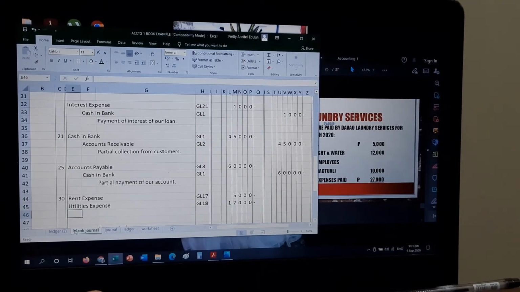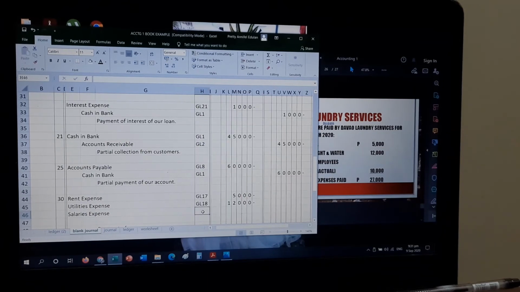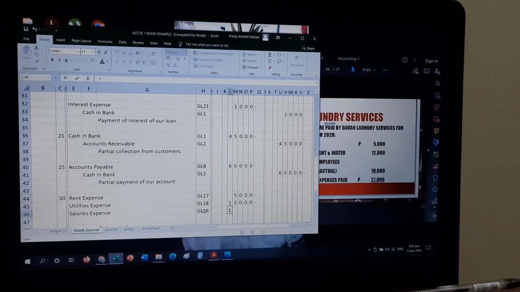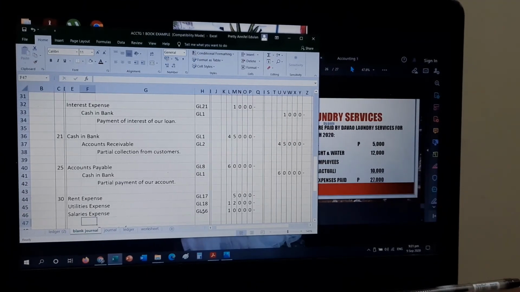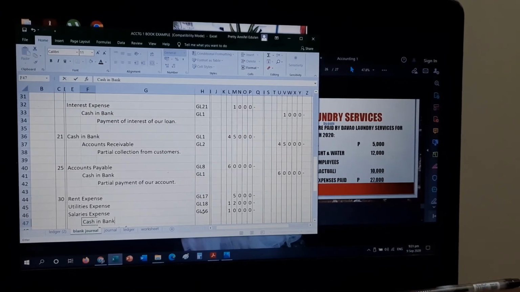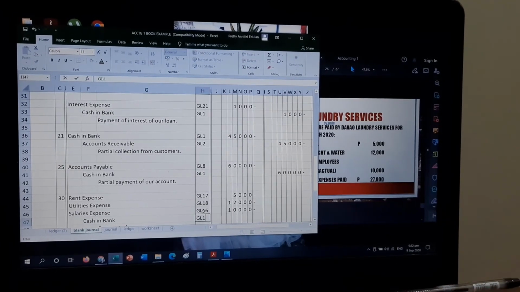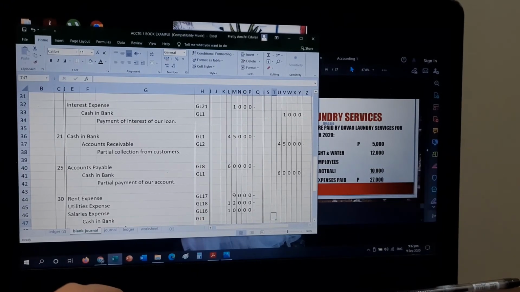Lastly, the salaries. That is salaries expense. What was the GL number? 16. For the amount of 10,000. Then since these are expenses paid, we forgo cash, specifically cash in bank. This is GL1. Then you total this: 5, 12, and 10.